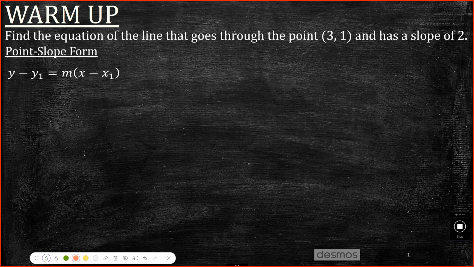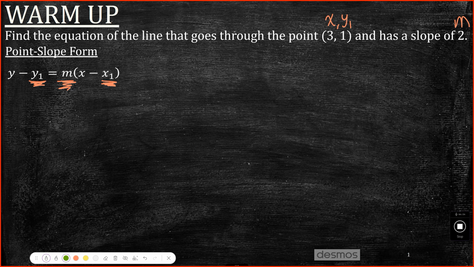Point-slope form is y minus y1 equals m times (x minus x1), where x1 and y1 will be the given point, and the slope m is what's given here, 2. If all we wanted to do is write the equation of a line, you would need a point and a slope, and we're given a point and a slope.